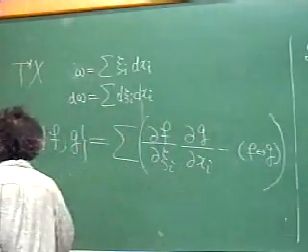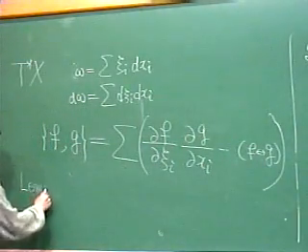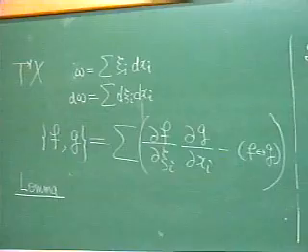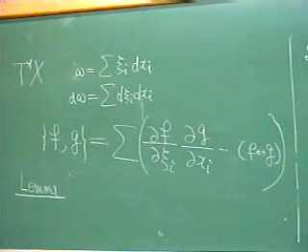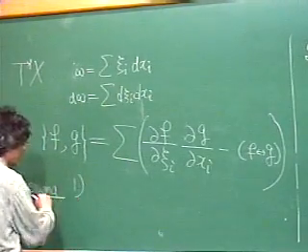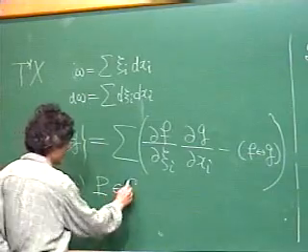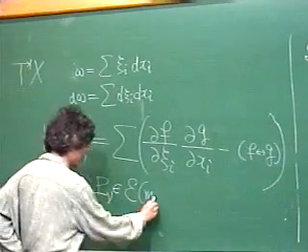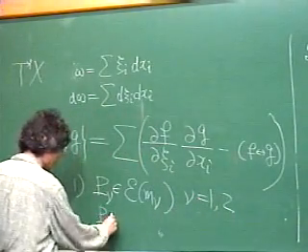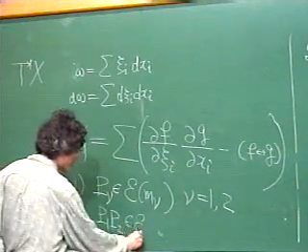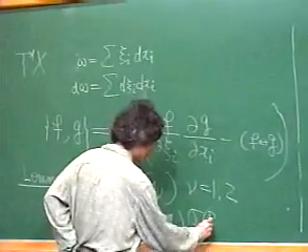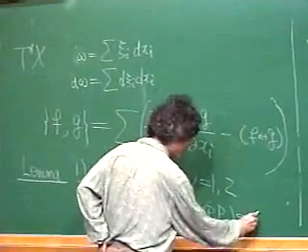And the relation of this sheaf EX and the symplectic structure of T star X is as follows. First one is, if you take P1, P2 in E M1 and E M2, then the product P1 P2 is of order M1 plus M2, and the principal symbol is the product of the principal symbols. That is very natural.